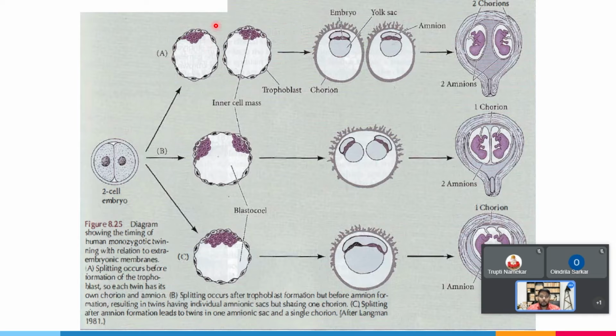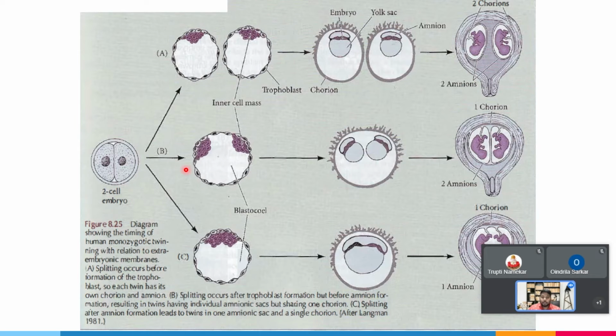And since the trophoblast gives rise to the chorion and the ICM gives rise to the amnion and the embryo, we have two completely separate chorion and ICM combinations which look like this. So we have two chorions for each of these trophoblast cells and two amnions as well. So if the zygote divides into two at the two cell stage, we have two chorions and two amnions.